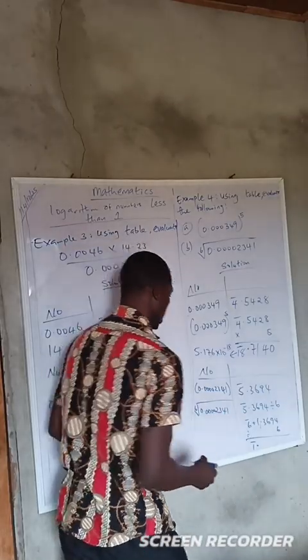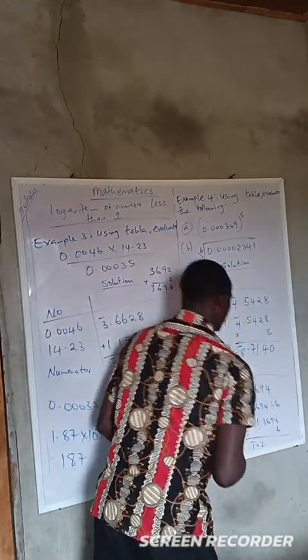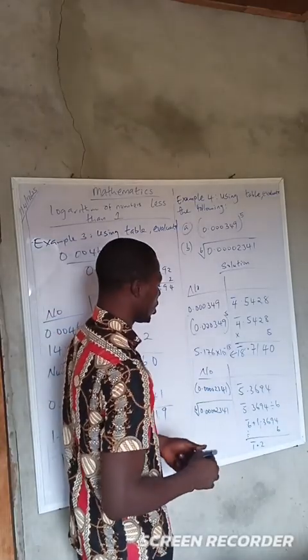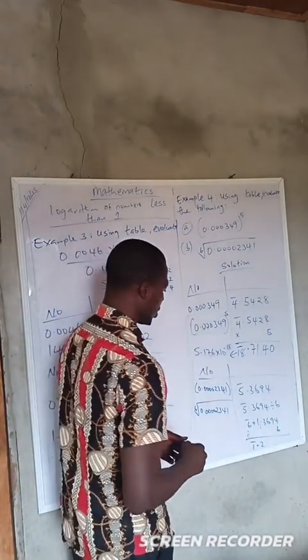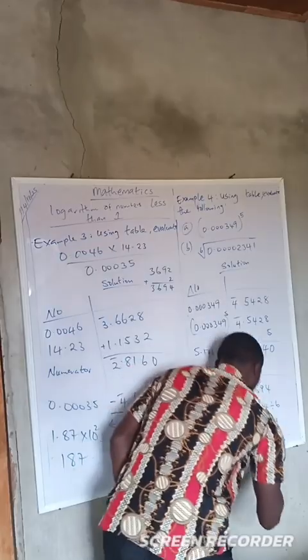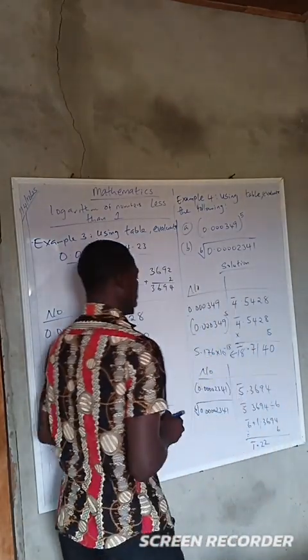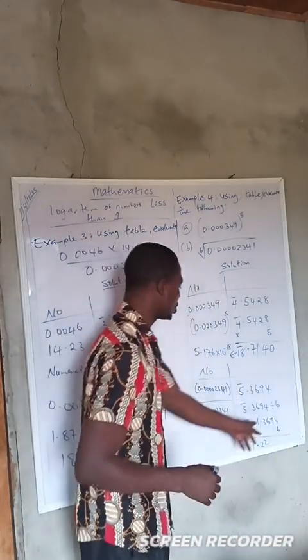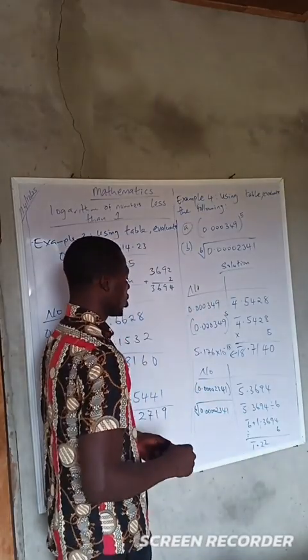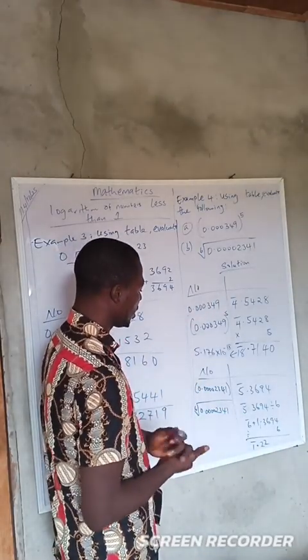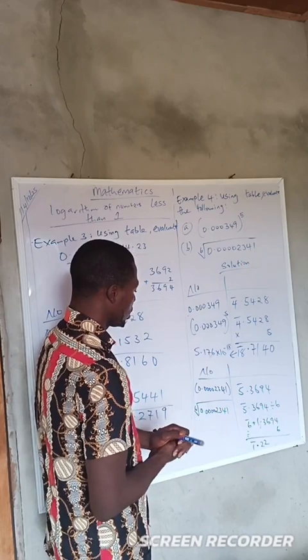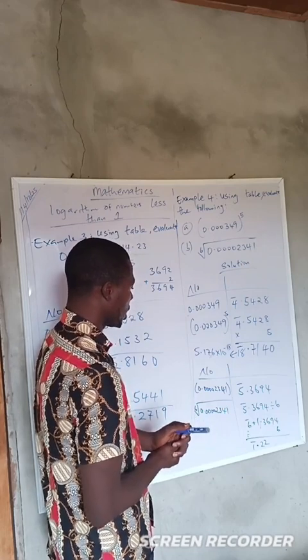Write 2, carry the 1, put the 1 in front of 6, you have 16. How many 6 in 16? Just 2. Then the remainder is 4. Put the 4 in front of 9, you have 49. How many 6 in 49?